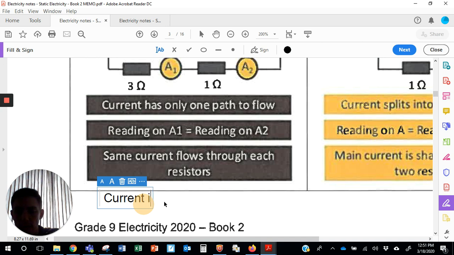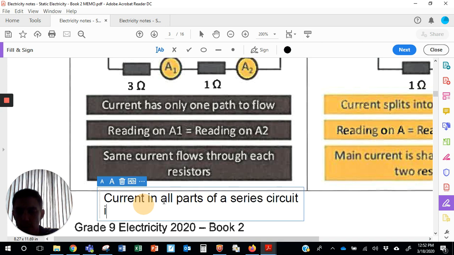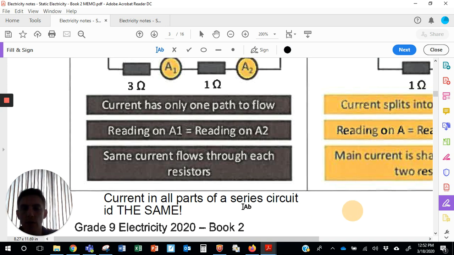So you're going to write: current in all parts of a series circuit is the same. Okay, so that's what you're going to write. Current at all parts of a series circuit is the same.